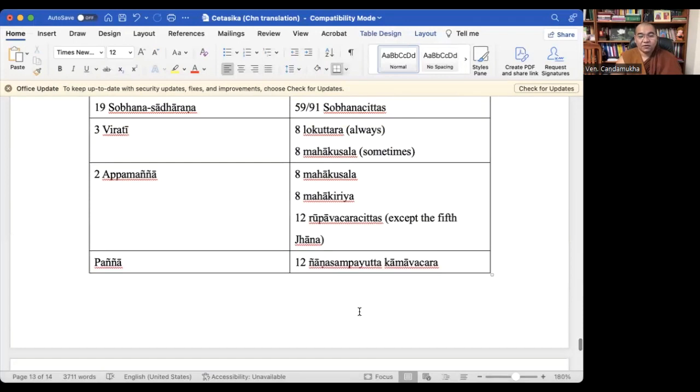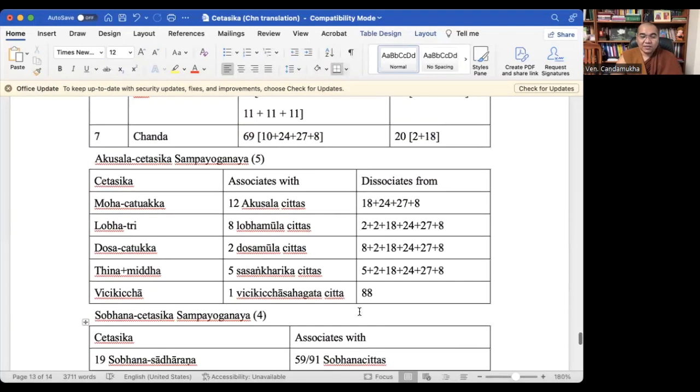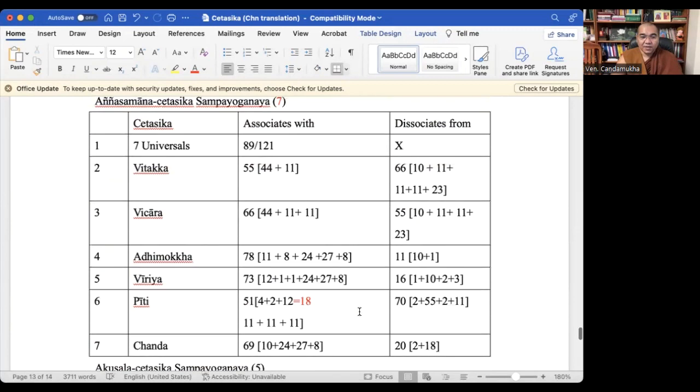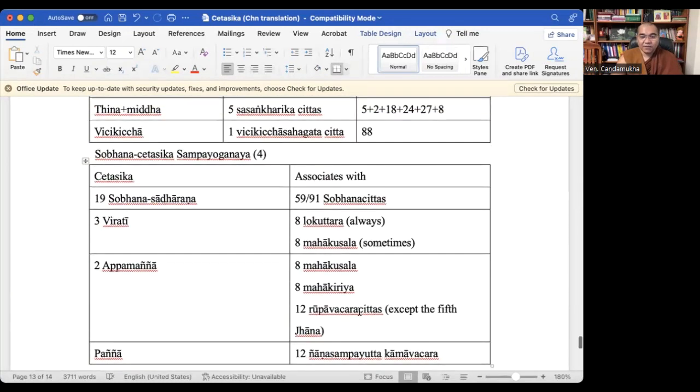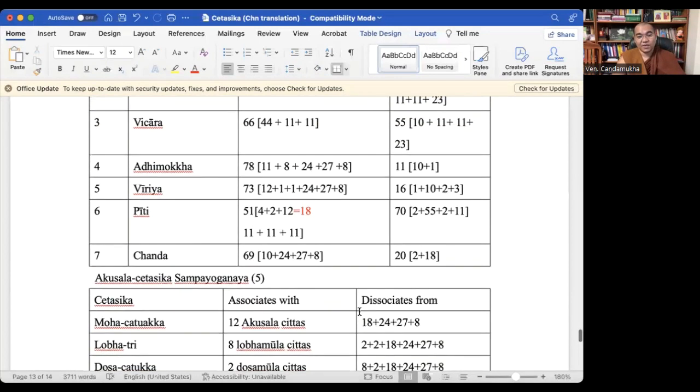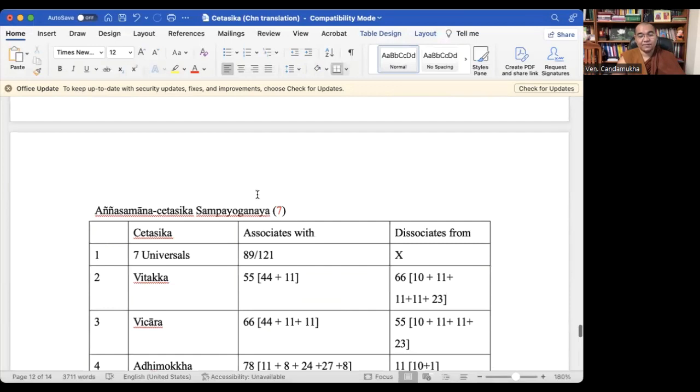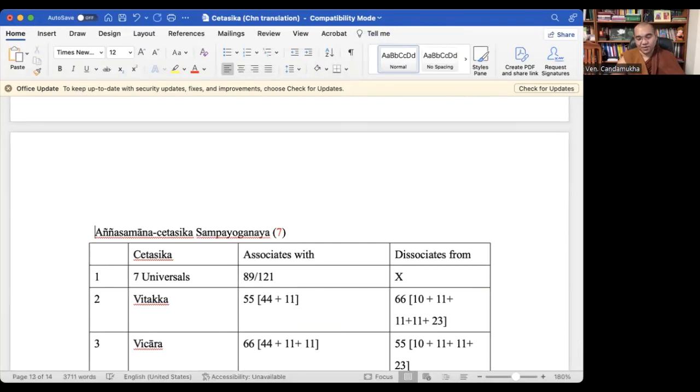Okay. So Annasamana 7 methods, Akusala 5, and then Sobhana 4. Altogether 16 Sampayoga methods are available. There are 16 Sampayoga methods that you can remember.